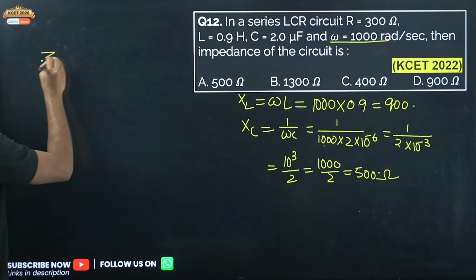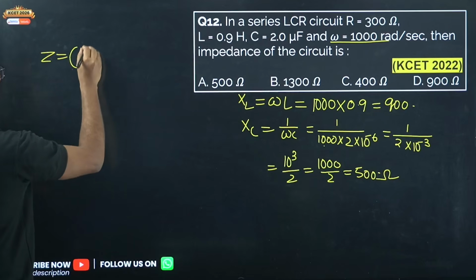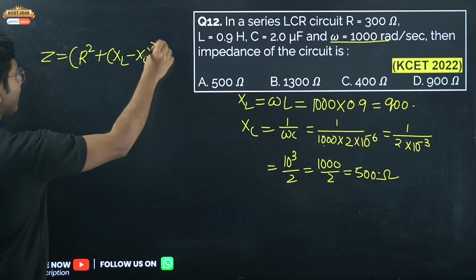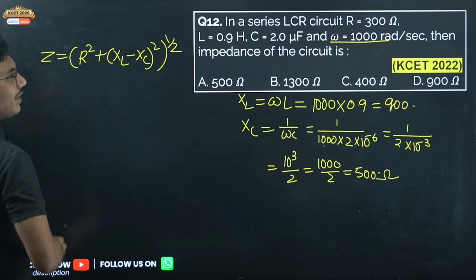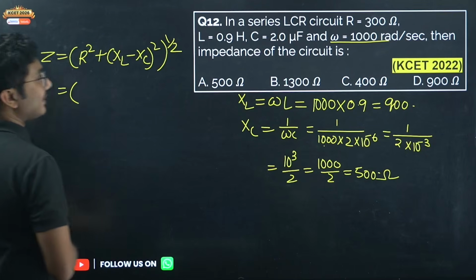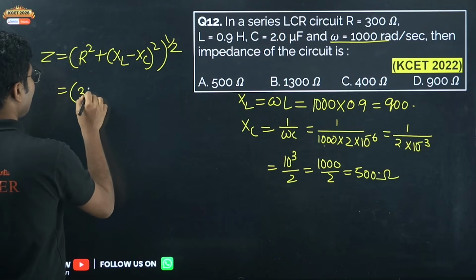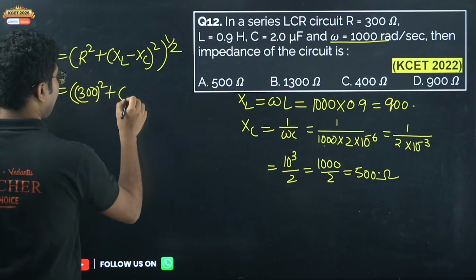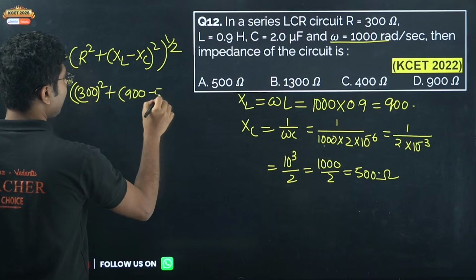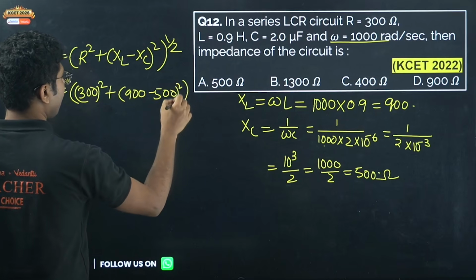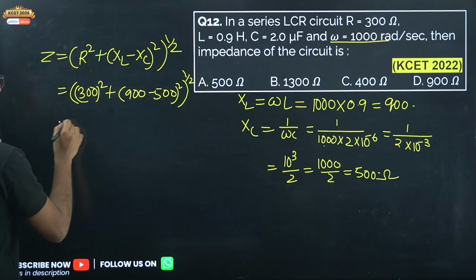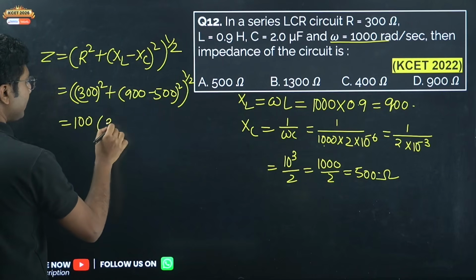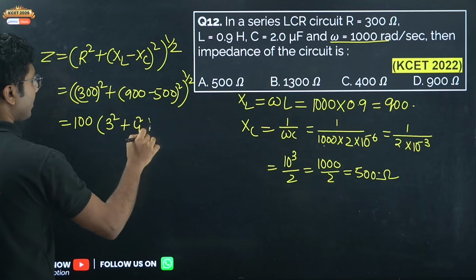Now what is impedance? Impedance is simply (R square plus (XL minus XC) whole square) to the power half. So R is given here as 300, whole square, next is 900 minus 500, whole square, and to the power half. So you can take 100 common: 100 into (3 square plus 4 square) to the power half.